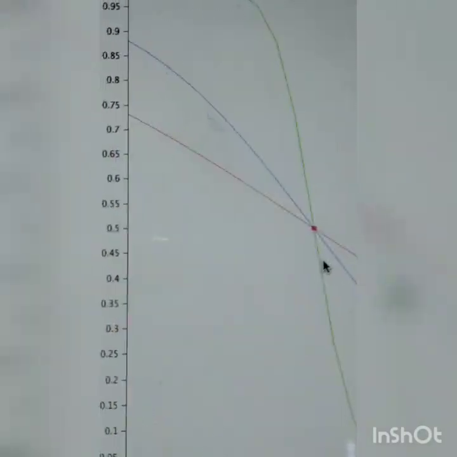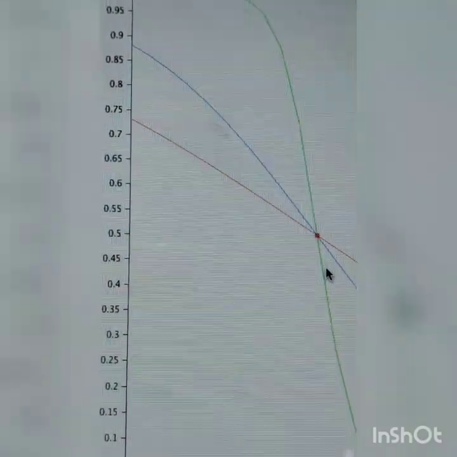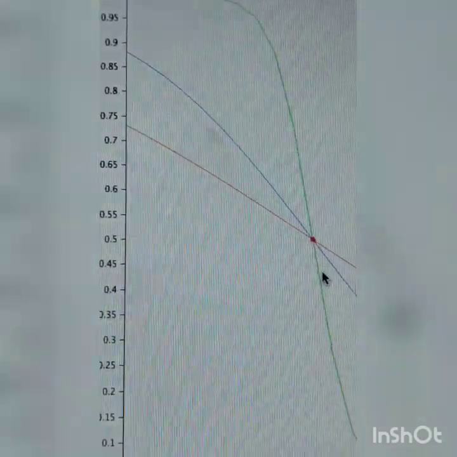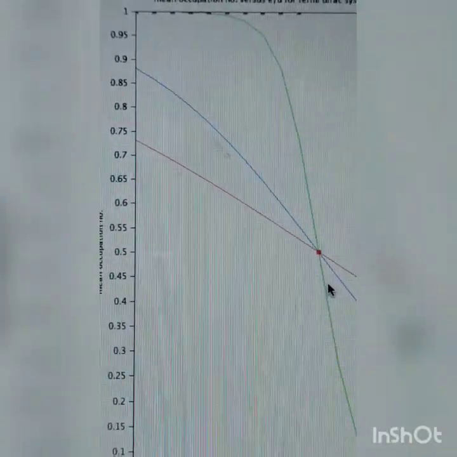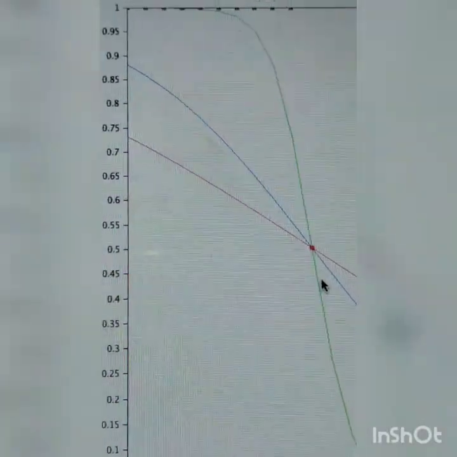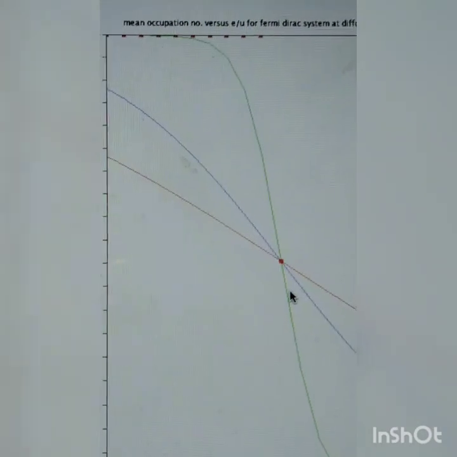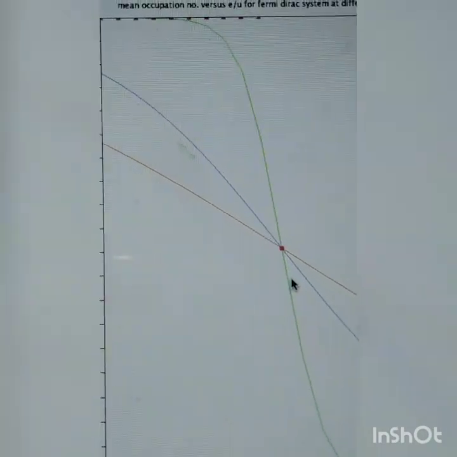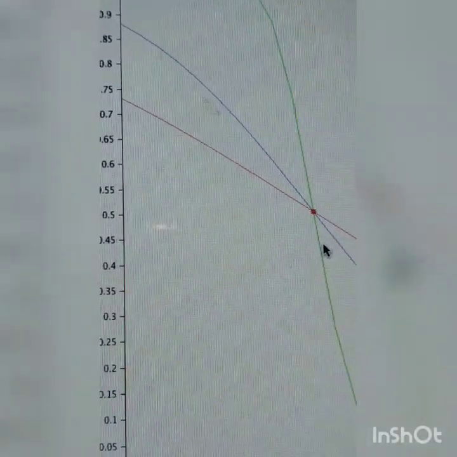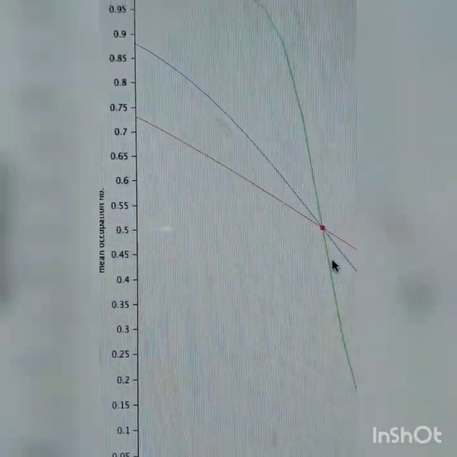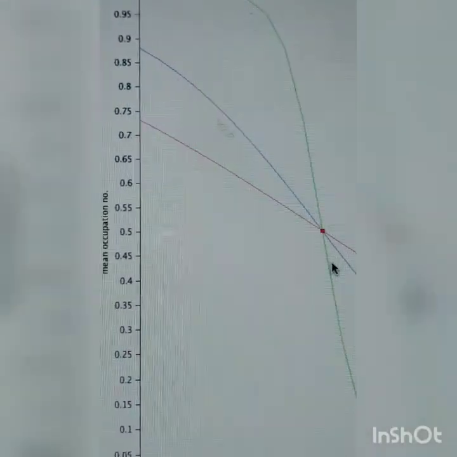If you look at equation 1, if epsilon is equal to mu, then the exponential term becomes e to the power 0 by kT. So whatever be the temperature, that becomes equal to 1. So 1 by 1 plus 1, that means it is equal to half, and that is what is represented over here. And for whatever be the temperature, all graphs have to pass through this point.